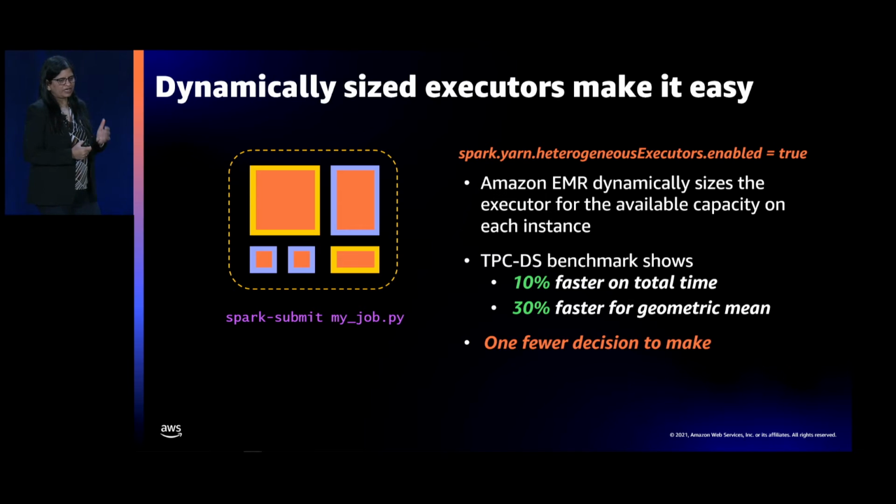So it will optimize for resource allocation and improve the performance of your job. It also reduces wastage, reduces the overhead, and also reduces the inter-process communication as a result of this uneven set of instances that you have. And most importantly for a customer, this means that there is one less decision for you to make.